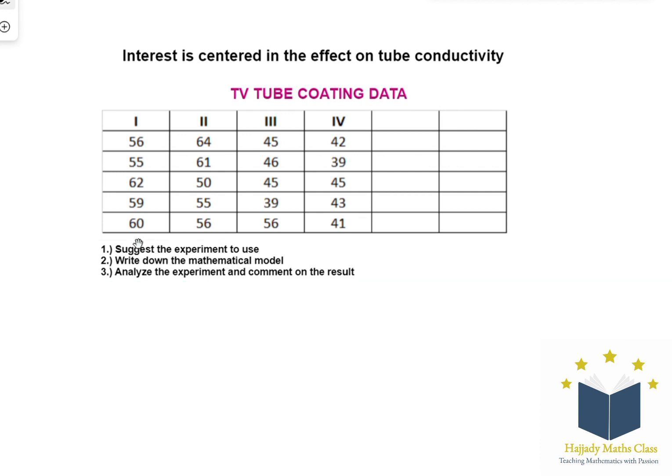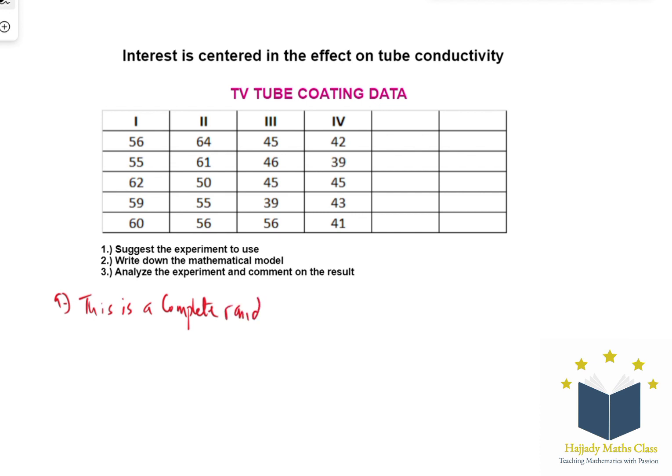Now looking at this, since our interest is on the TV tube coating data, we just want to see if there's a significant difference in the mean of the tube coating data. So for the first question, we're going to use a completely randomized design.